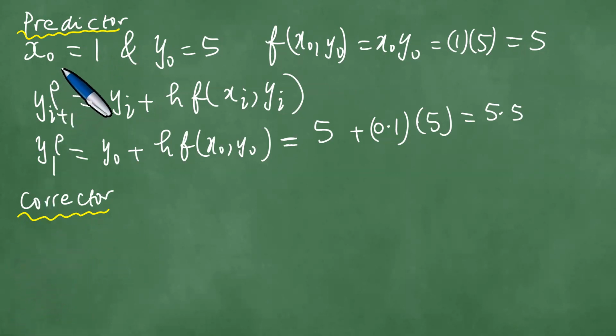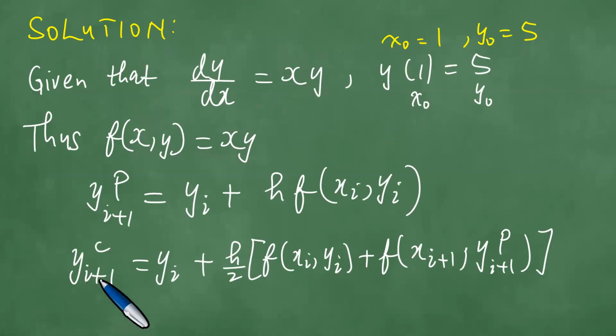So if x0 is this, the corrector is always at the next step, because it is computed at yi plus 1. It is most certainly always computed at yi plus 1. But I'm going to say more to this.